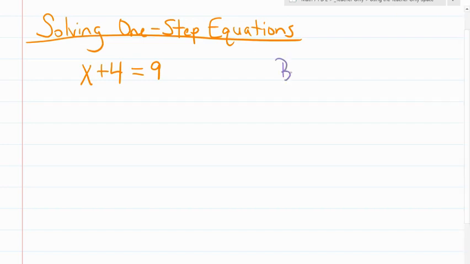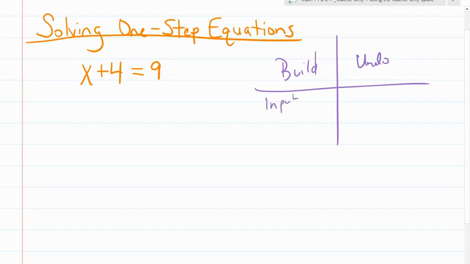Well, we've already kind of been doing it. When you did those build and then your undo or your solve tables, what you were really doing was solving an equation. You were thinking about your variable, your input, and then these next steps were what was happening to x, and then you got your output. Right?